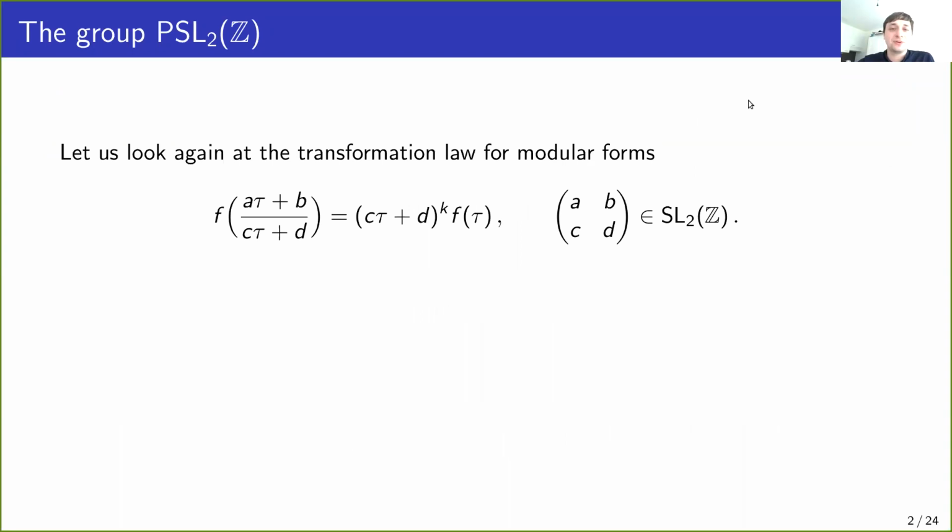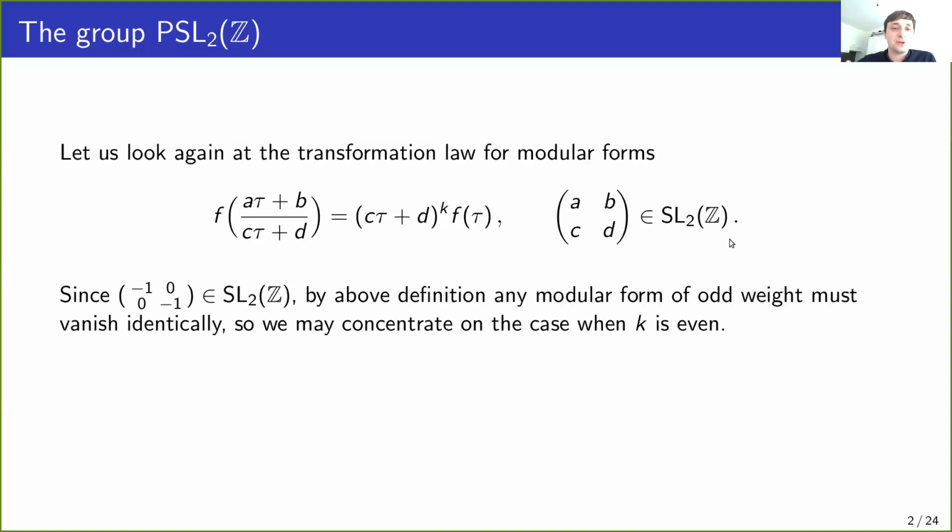So let's look a bit more closely at the notion of modular forms for the group SL2Z. The transformation law, as I wrote it out yesterday, is as written here. For any matrix with determinant 1 with integer entries a, b, c, d, you're interested in functions which transform in this way when you change the variable to this fractional linear transformation.